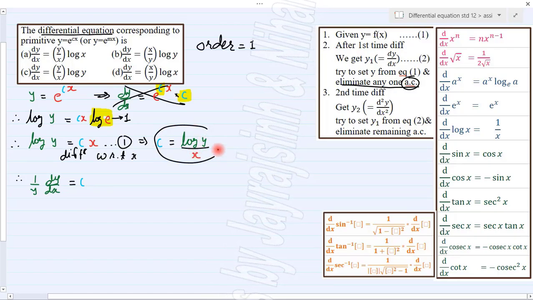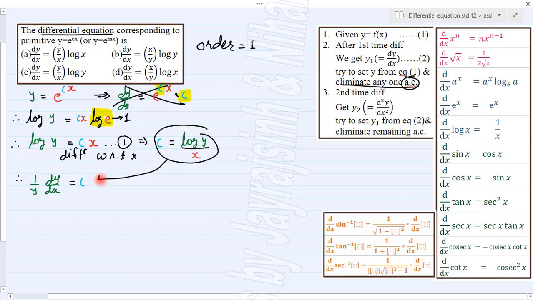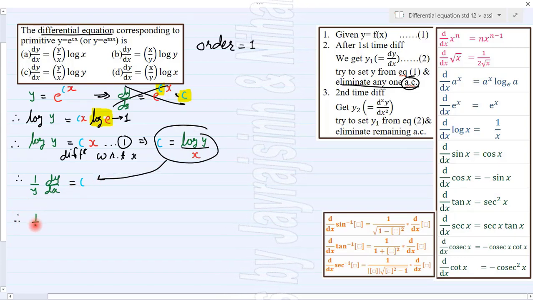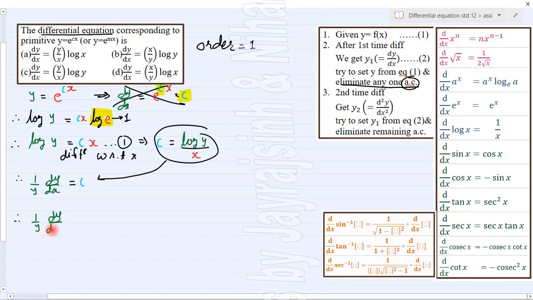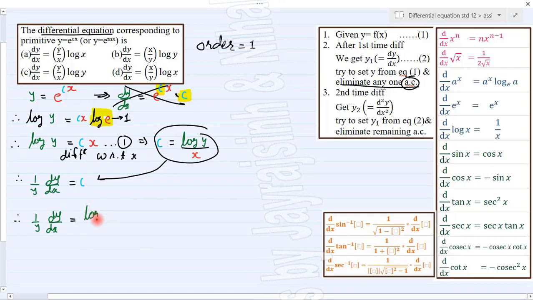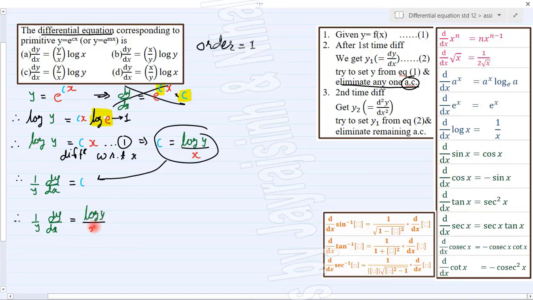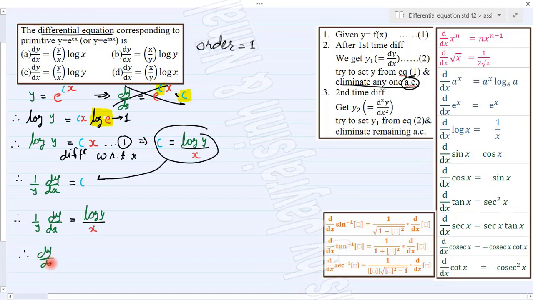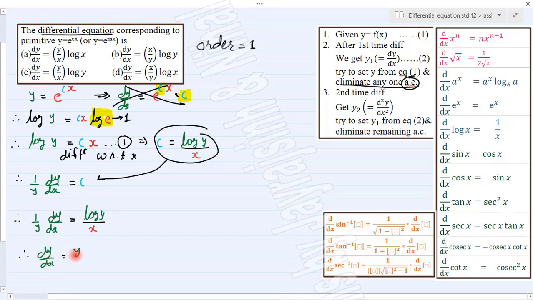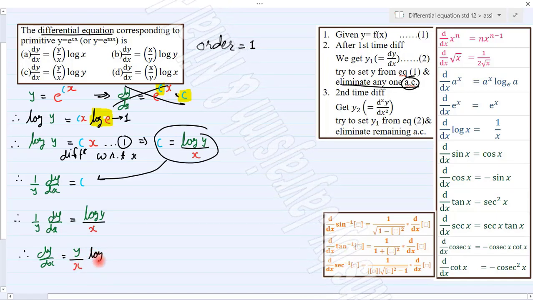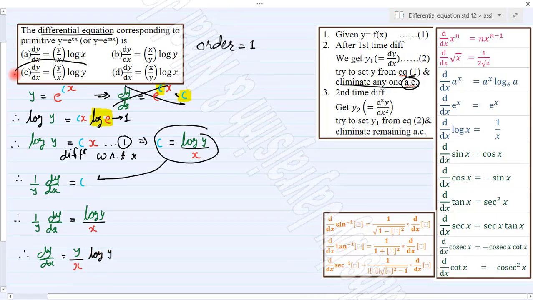And substitute this value in our second equation. So we'll get 1 by y dy by dx is equal to log y by x, which can be further simplified into dy by dx is equal to y by x into log y, which is given in option C.